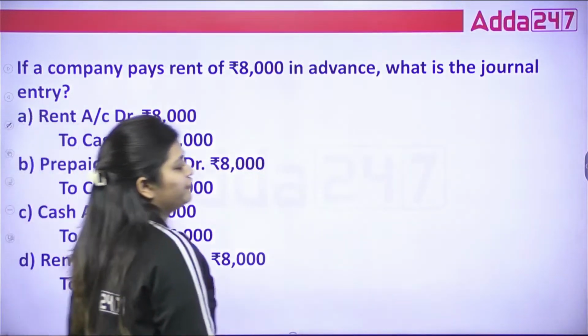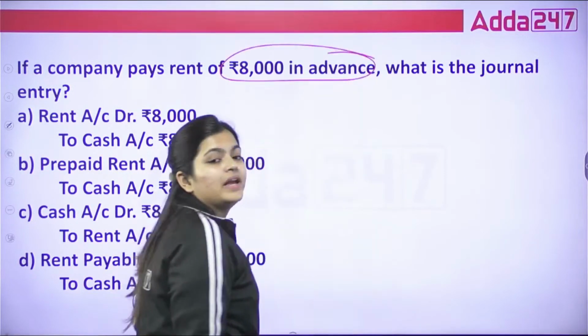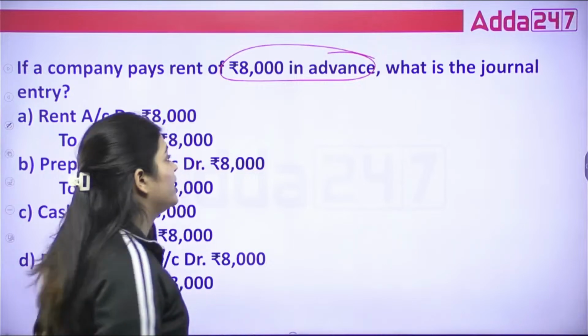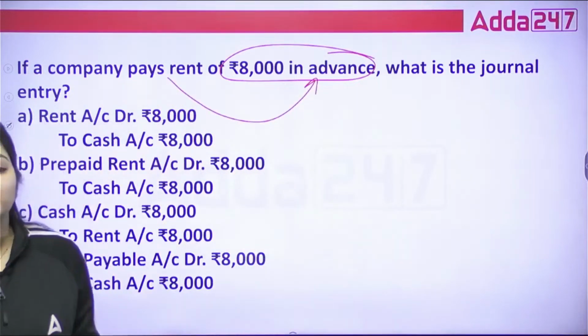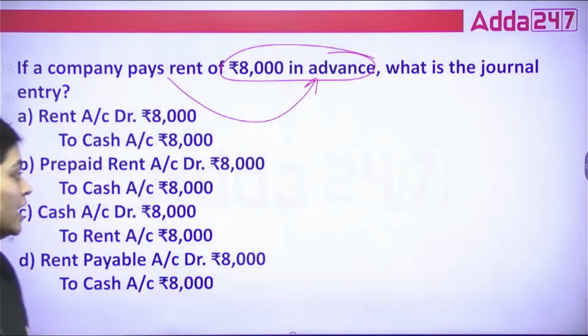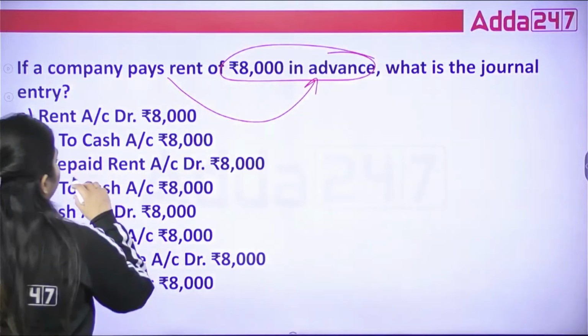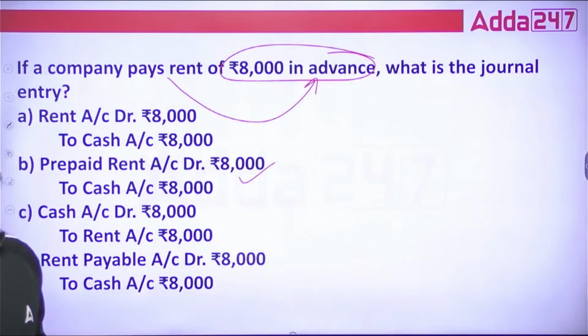You need to identify the correct entry for rent paid in advance. So the correct entry is prepaid rent account debit 8,000 to cash account.